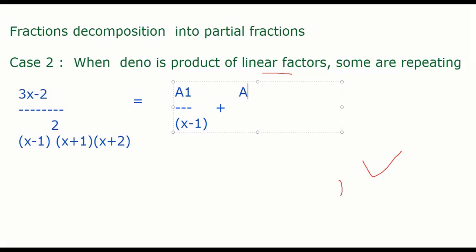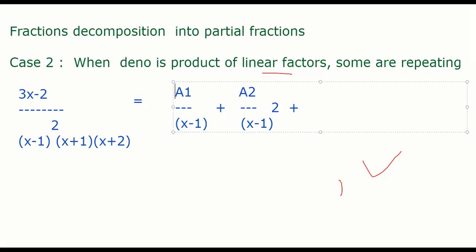You can use any variable. Now this is the important second one: A2 by the same factor, but this time the square one. That is the difference. Whichever factors are repeating, first you write A over that factor, and then the second time you write the square of that, because it is x minus 1 square. So we will say A1 by x minus 1 plus A2 by x minus 1 whole square, and then the same stuff.